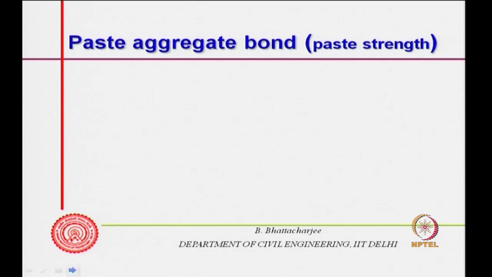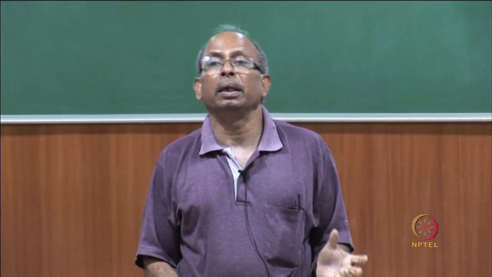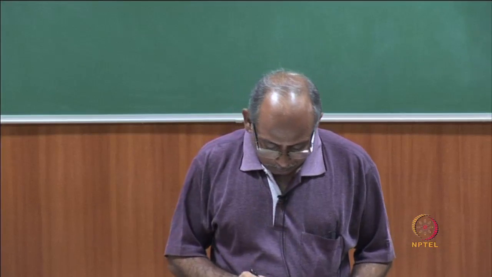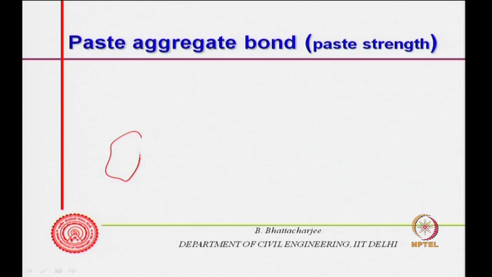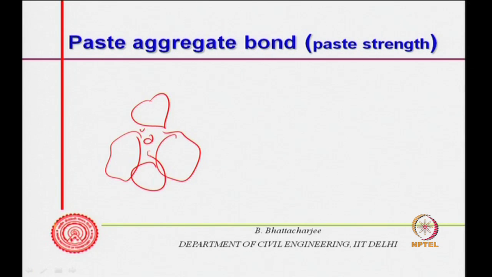First is paste aggregate bond, right? As we said, concrete is a particulate system, like this, with aggregates and aggregates, all kinds of aggregates, and they are bonded by the paste system.